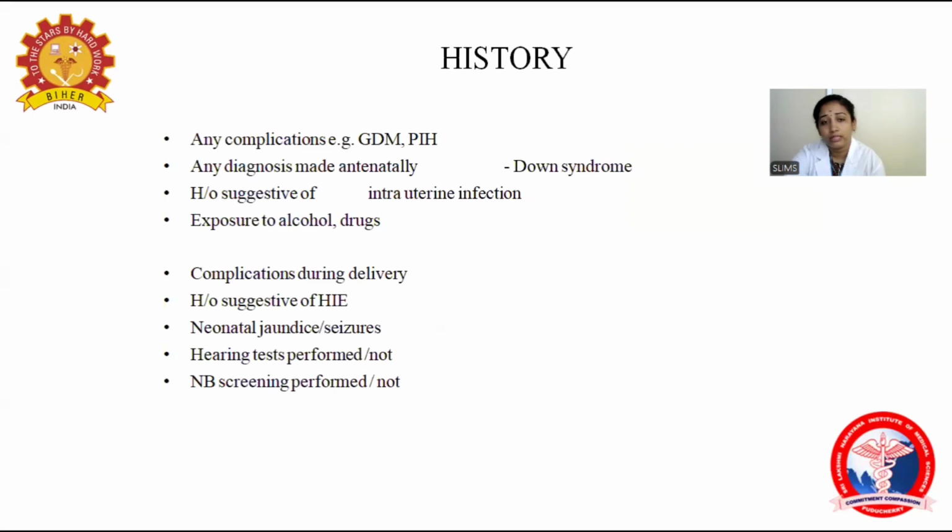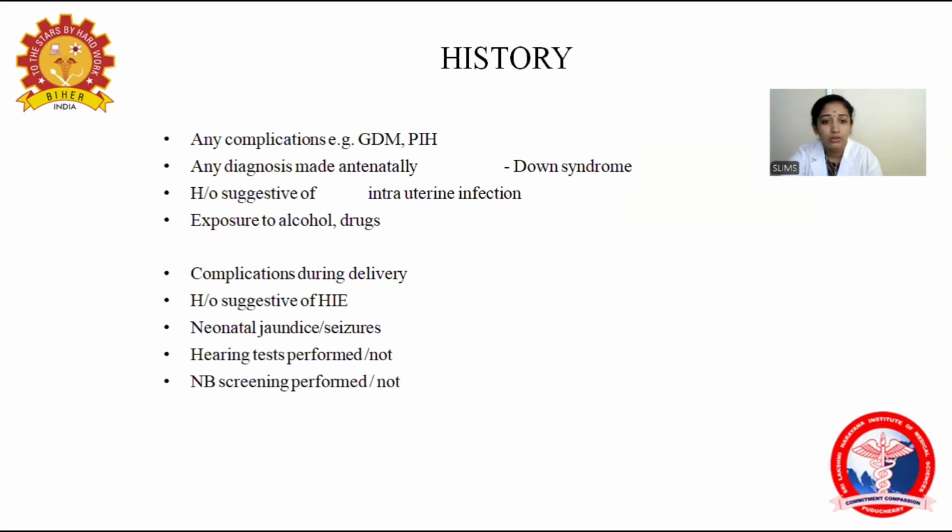After identifying a child, we have to take a proper, detailed history. We have seen many causes, like antenatal causes. In that, we have to rule out whether the mother had any complications like GDM or PAH, and whether any diagnosis was made antenatally using soft markers, like Down syndrome. We ask about history suggestive of intrauterine infections, such as the mother having fever with rash or post-auricular lymphadenopathy, and any exposure to alcohol or drugs.